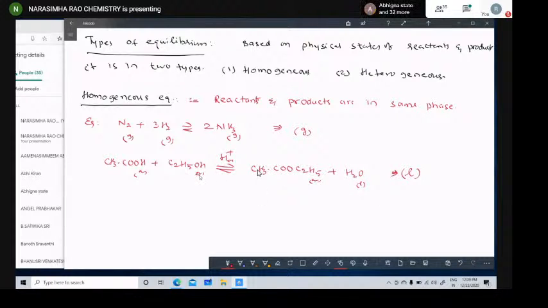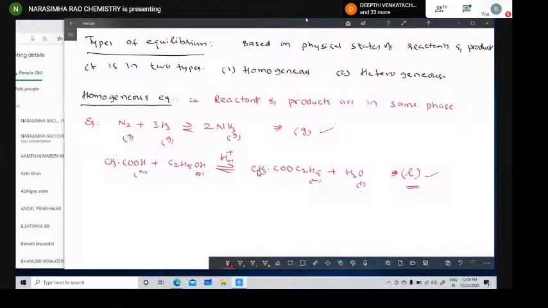Aqueous means liquid state. All are in the liquid state. Both reactants and products are in the same state, either liquid or gaseous. Do not change with the state of the reactants and products. So that equilibrium is called a homogeneous equilibrium.